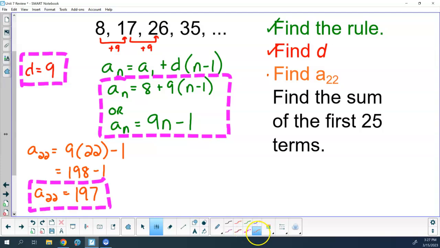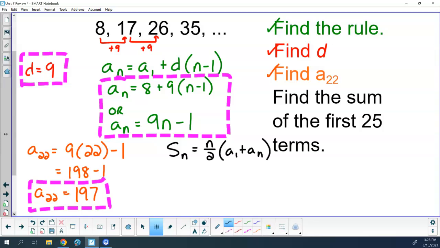So we found that. Then it said, find the sum of the first 25 terms. Well, the sum of any number of terms is going to be n divided by 2 times the first term plus the last term.